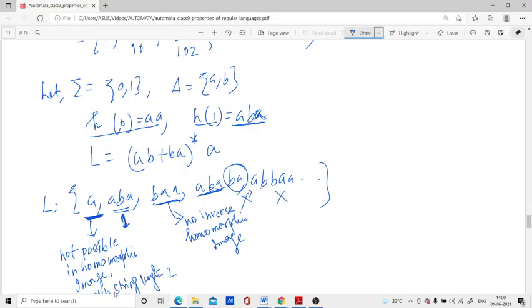So it may be possible that you will not get all the inverse homomorphic images of a language. In that particular case, h inverse of the language is nothing but 1. If we take h inverse of this, we get only 1, because all other strings cannot have this.